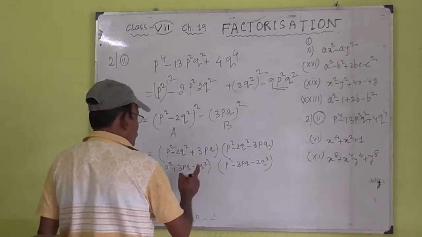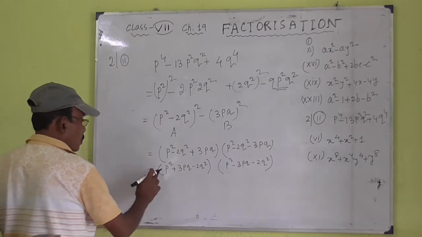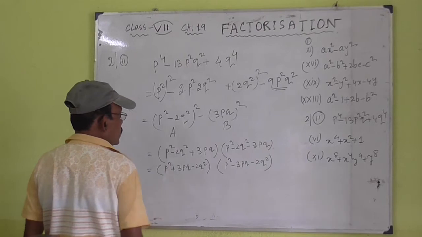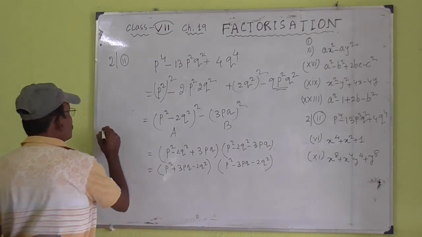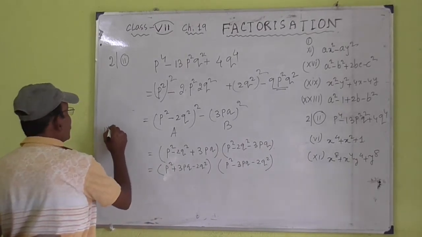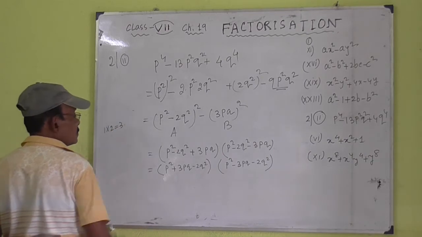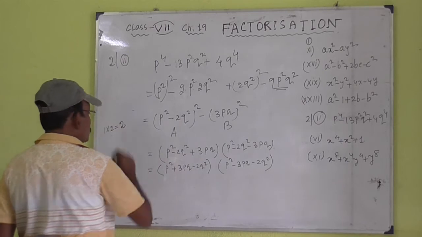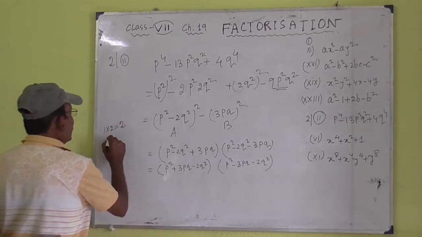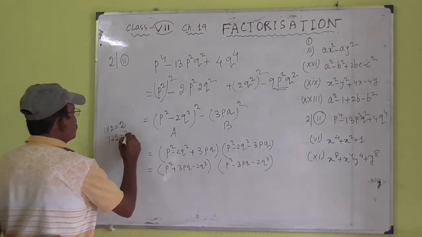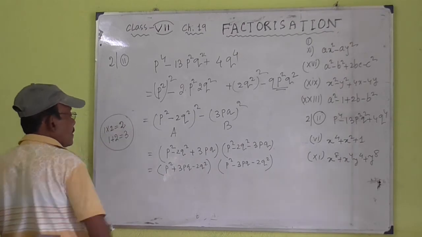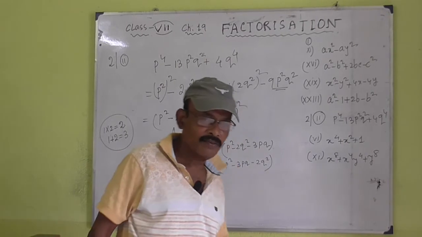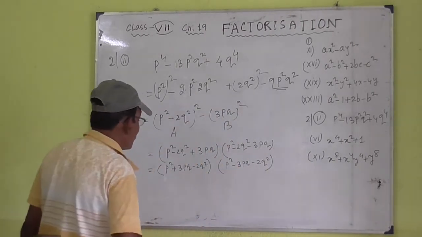But if you try to break this, here coefficient of p square is 1 and coefficient of q square is minus 2. So 1 into 2 makes 2, and 1 plus 2 equal to 3. This is the rule of the middle term break factorization.